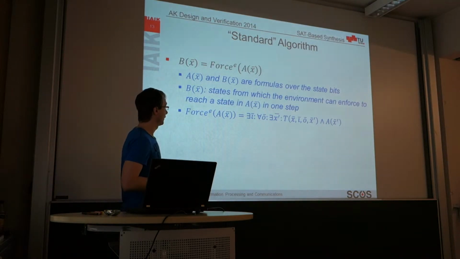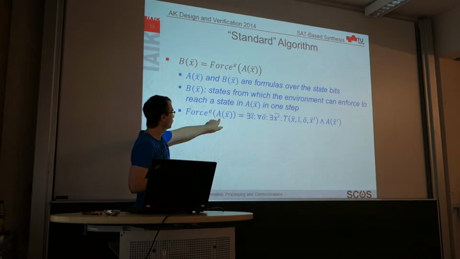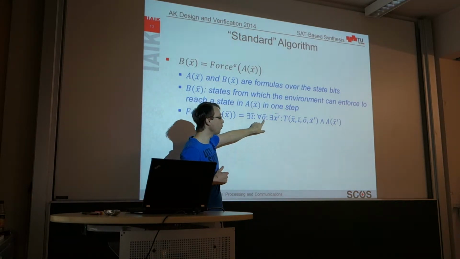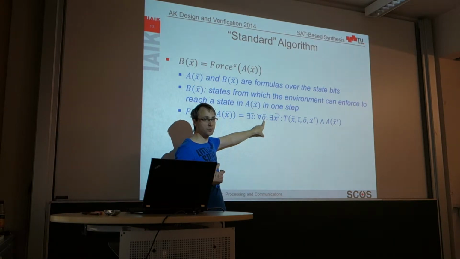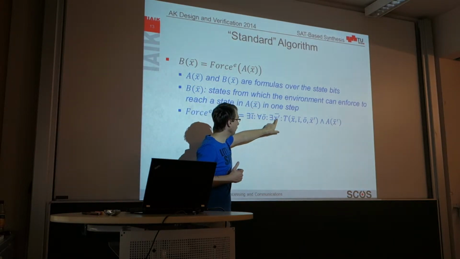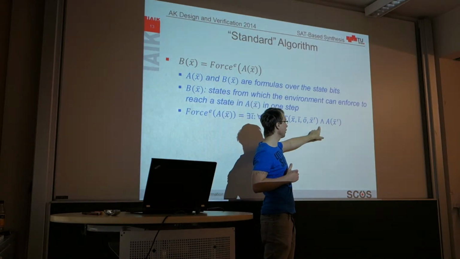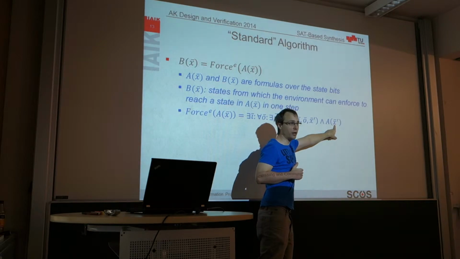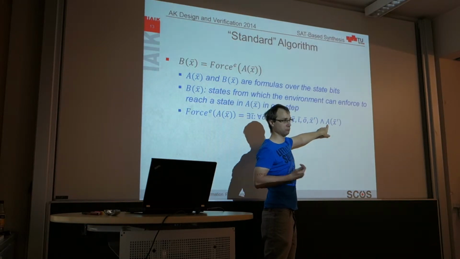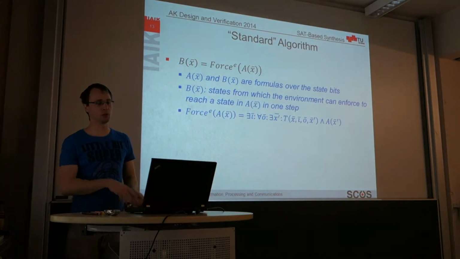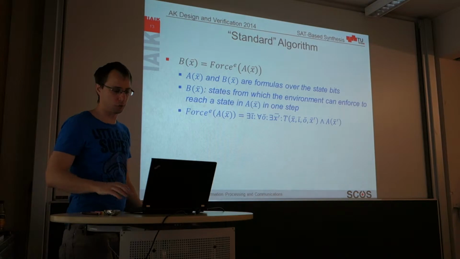Basically, we say that the evil environment can enforce to reach a state of A in one step if the evil environment manages to find some input values such that no matter what the system player does with the output values, we will always end up in a next state x prime by following our transition relation, and this next state x prime is in our set A. So it satisfies this formula A. This is how you read this formula, but this is not so important for us at the moment.